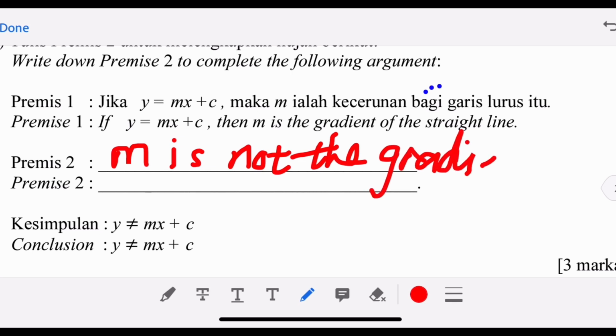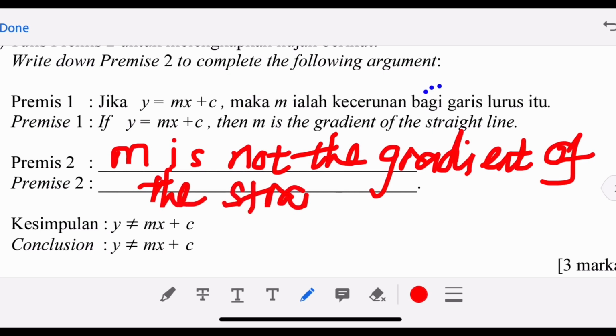Based on the conclusion, you have to write the premise, and because the conclusion is not equal, it means that you have to negate the statement. m is not the gradient of the straight line, right? So this is the answer for premise 2.